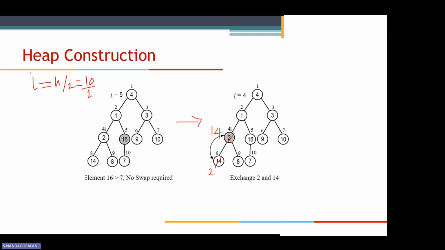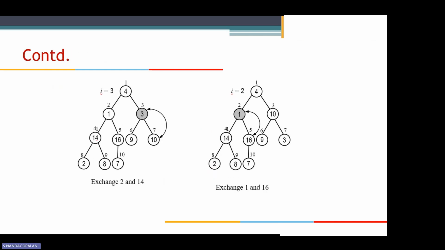Now I will be decremented to 3. You can see 14 and 2. I is 3, that is this. Since it's not a heap, this will be made 10 and this is 3. I will be decremented to 2, that is this. So now 10, 3, you can see.